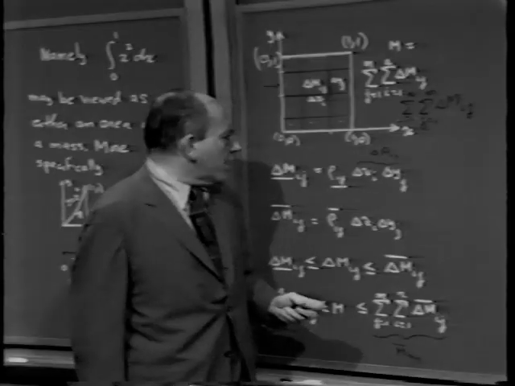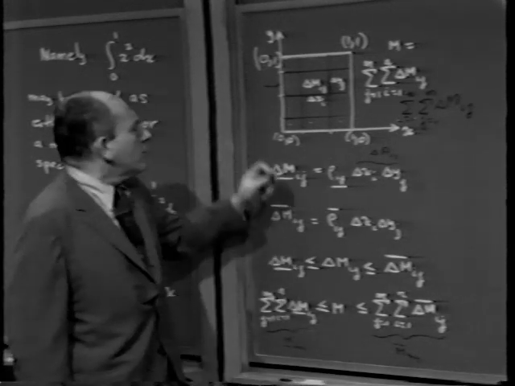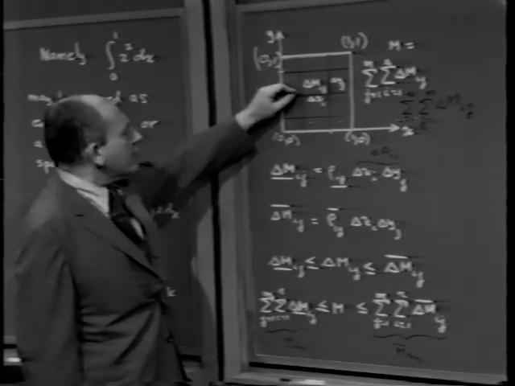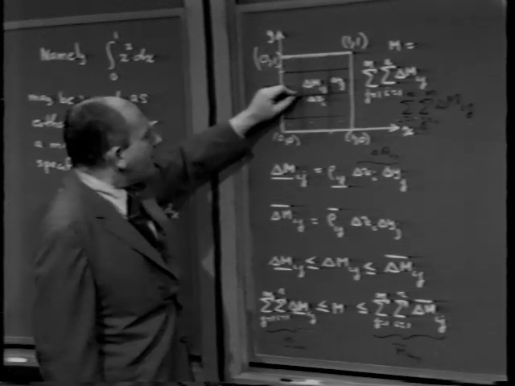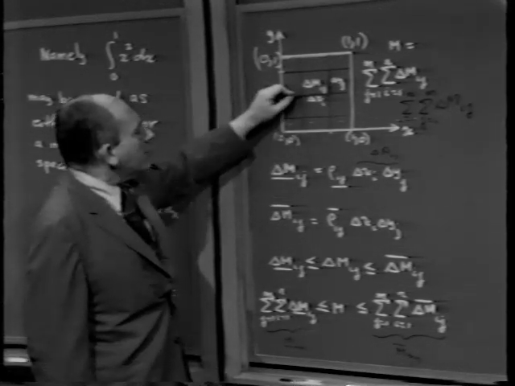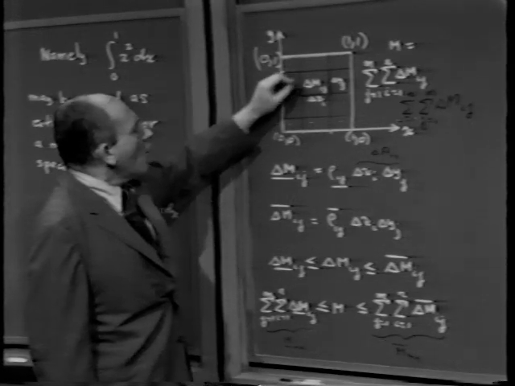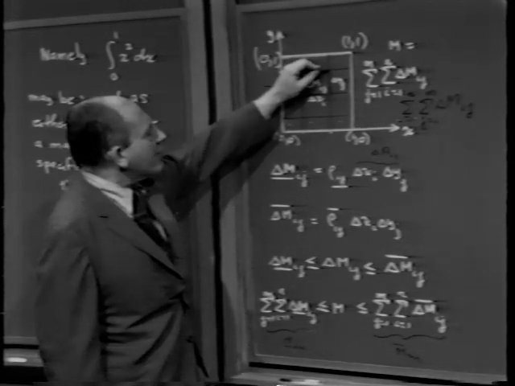The theory works as follows. What we do is, assuming that the density function is continuous, at each particular little rectangle that we have here, we pick the point which has the smallest density, we pick the point which has the largest density.